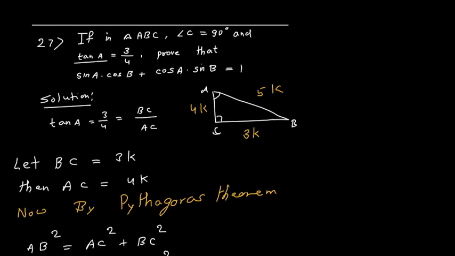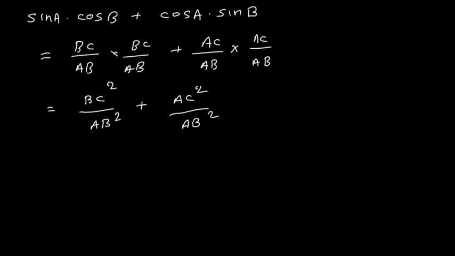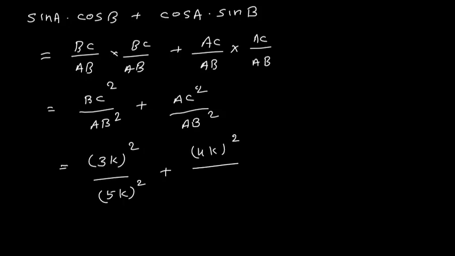What is the value of BC? Value of BC is 3K. So this is 3K the whole square upon this is 5K. So 5K the whole square plus here it is 4K the whole square upon 5K the whole square.